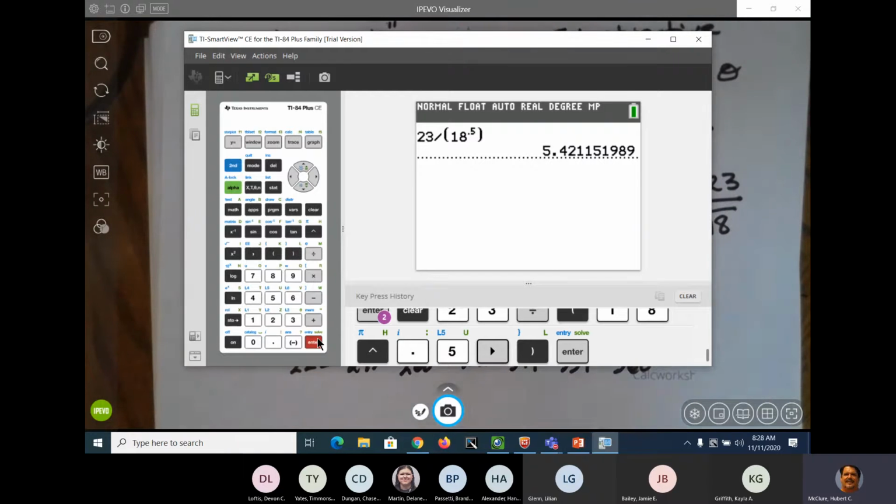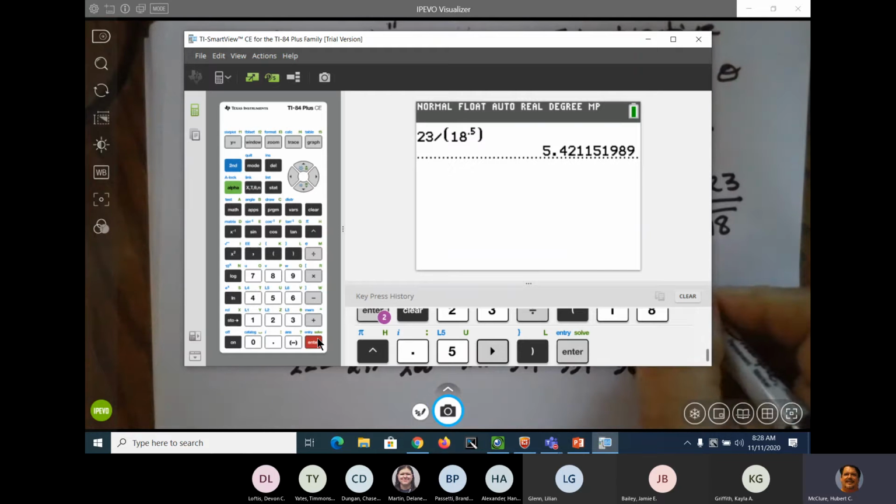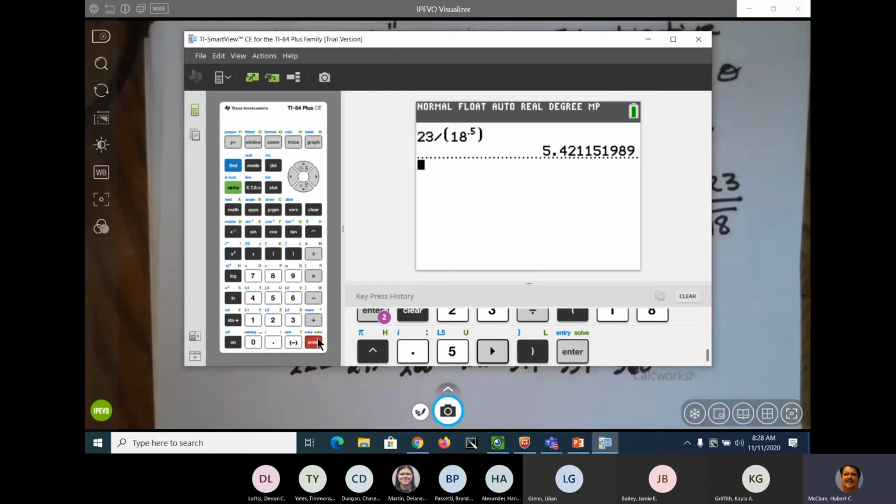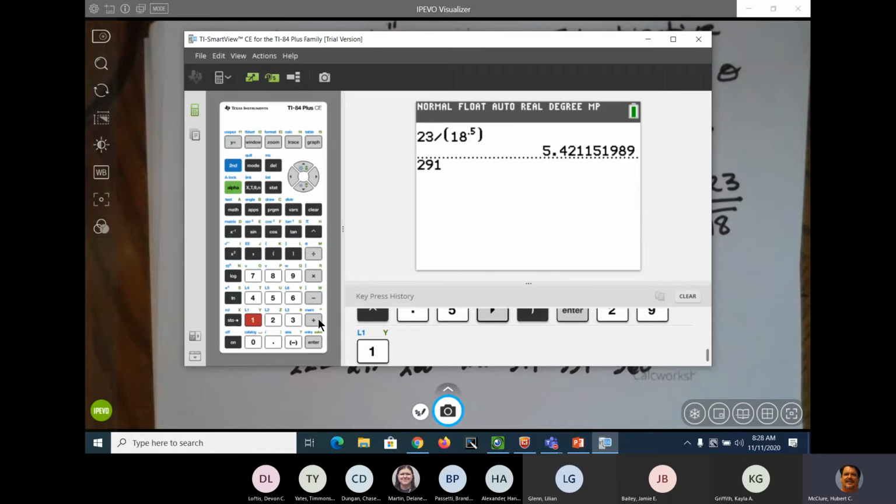So my new standard deviation is, I'm going to write it in another color. Let's write it in pink. 5.42. Well, I'm going to go ahead and do 291 plus 5.42.